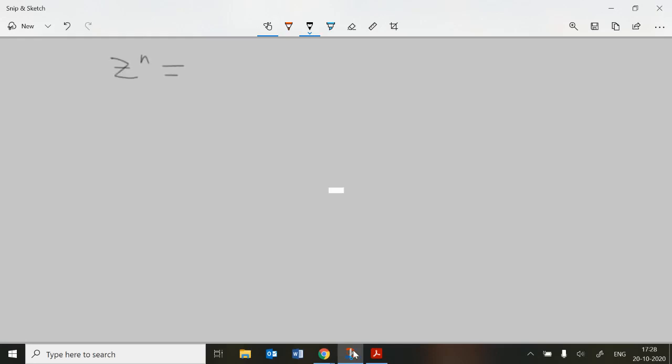We're now saying that z to the n is essentially r to the n cis n theta. So let's say we've got, I don't know, 2 here. This is the length, that's going to be the r in this case, and this is our theta.